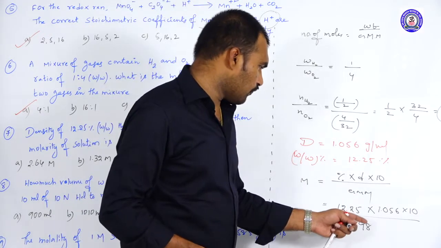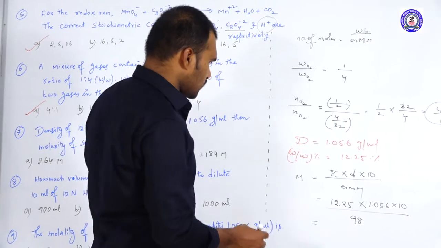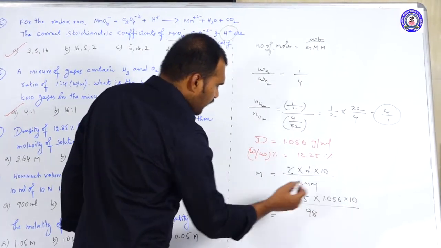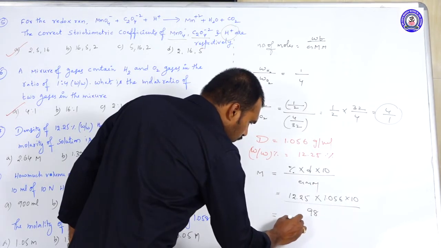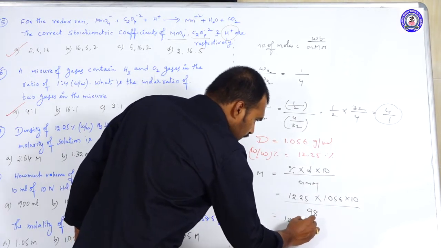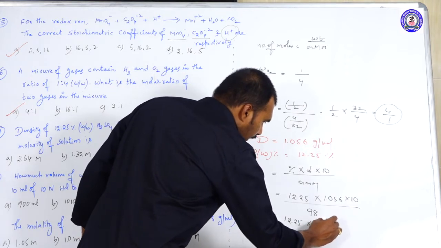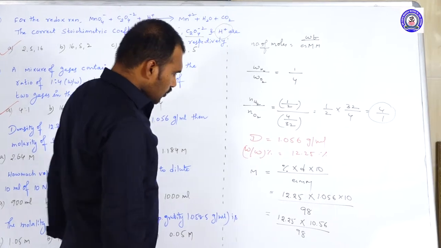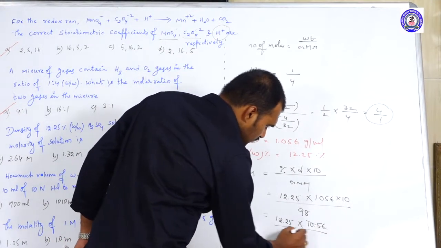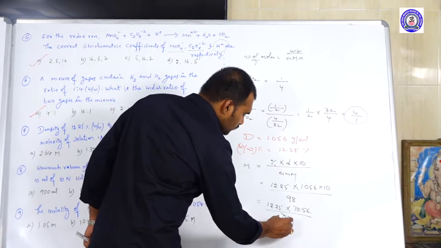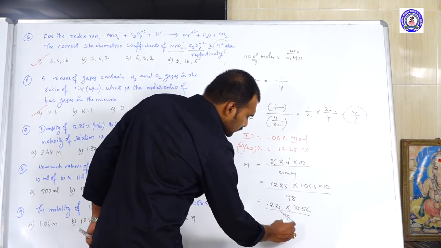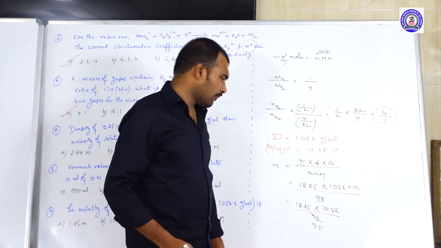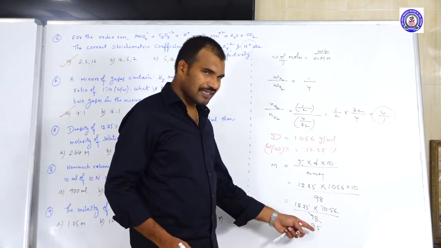That is equal to, how much it will be? 12.25 into 1.056, so if you simplify, 12.25 into 10.56 divided by 98. So 9.5 something will come. 12.25 by 9 point, means 3 4s are 3, 3 3s are 4/3.